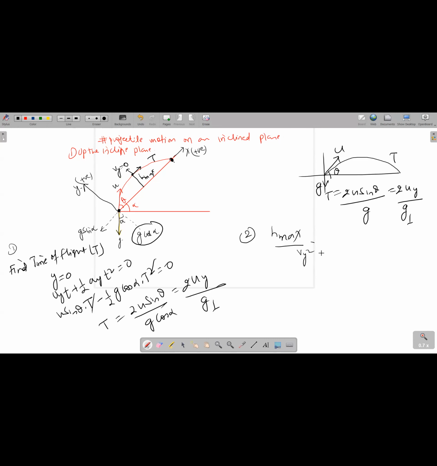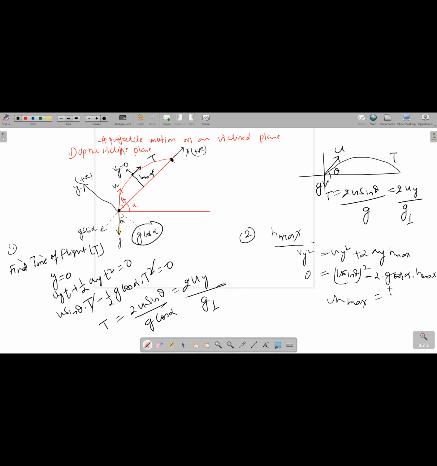So Vy squared equals Uy squared plus 2 ay into displacement along the y-axis, that is H max. Vy is 0, uy is u sin theta, so (u sin theta) whole squared minus 2 into ay, which is g cos alpha, into H max.